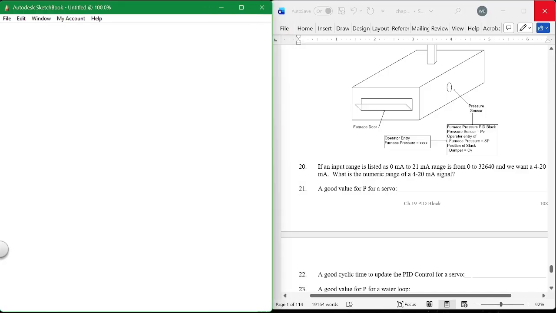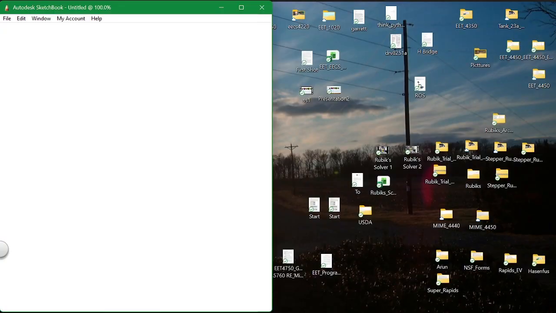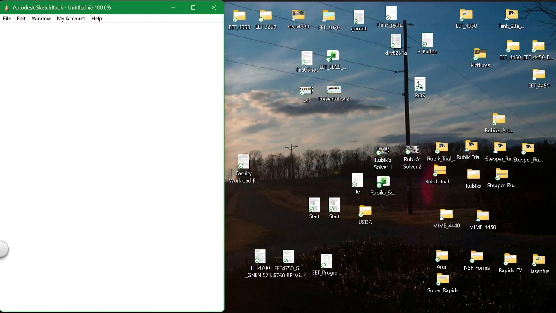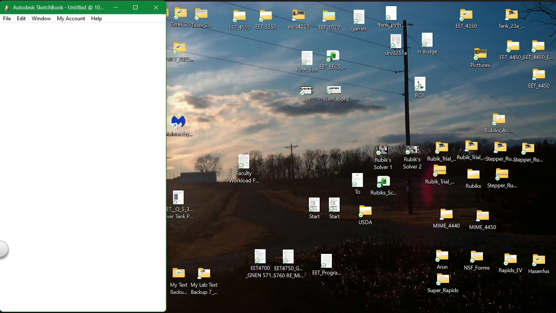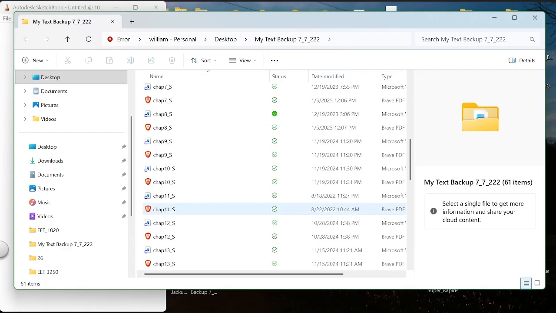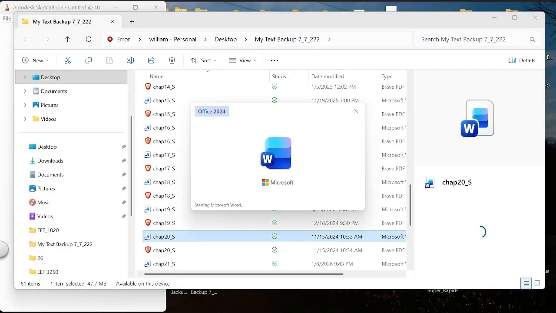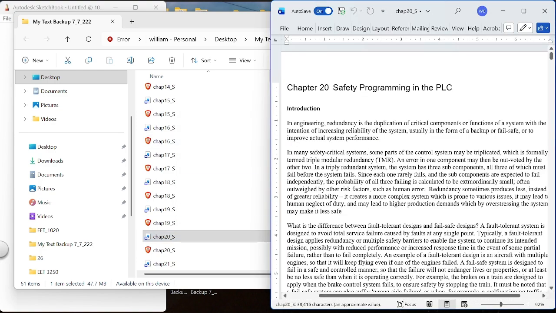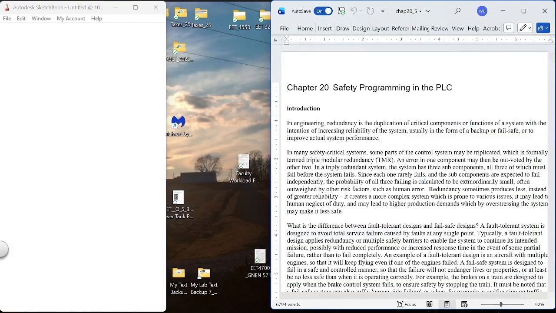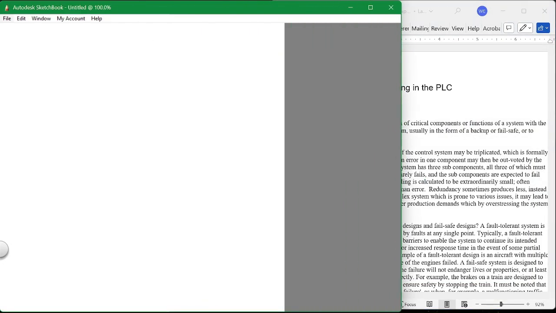Okay, chapter number 20. I want to talk about chapter number 20 in the sense that, I hate to brag about something, but this is not a chapter that you're going to find in most books, because it takes a lot of digging to get to this point, and there are just not a lot of the people out there that are actually doing this kind of thing.